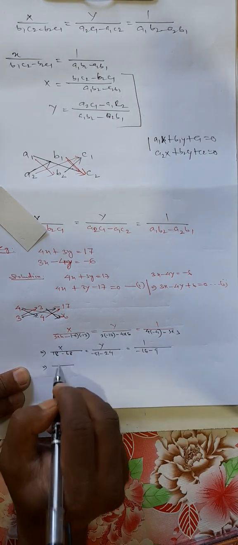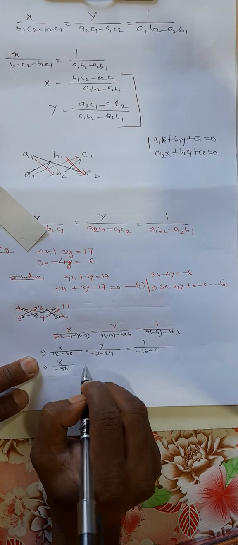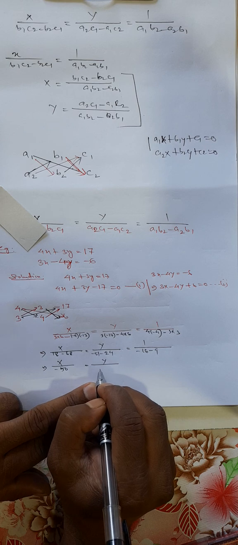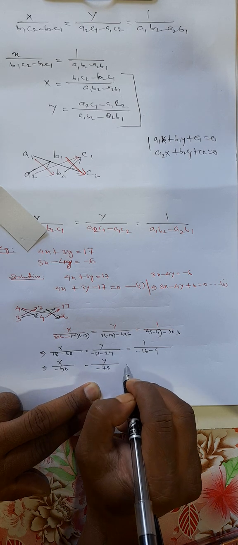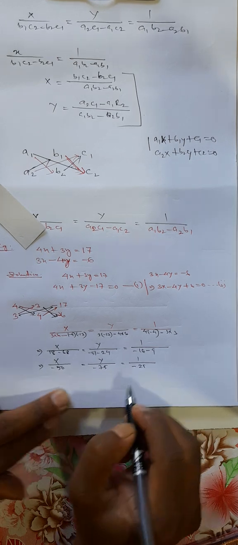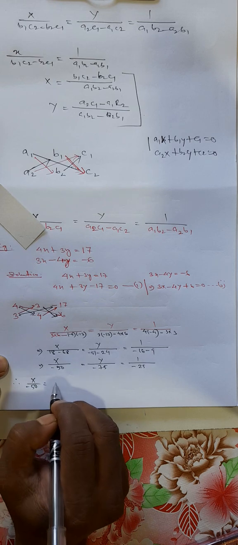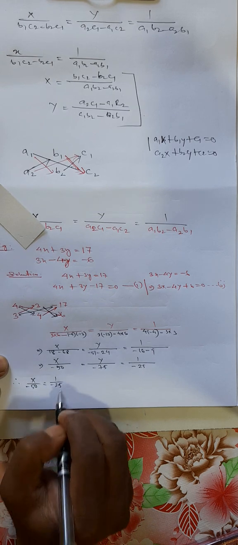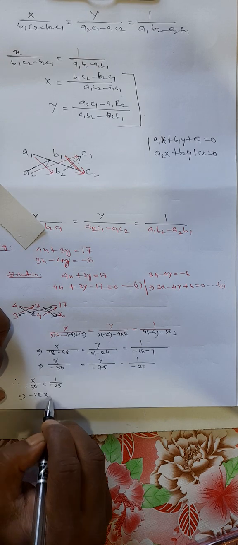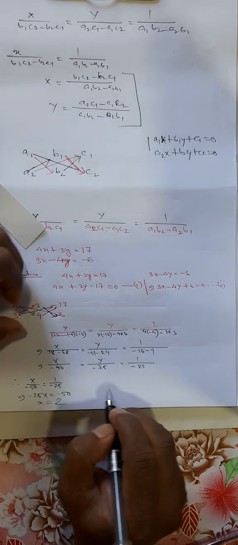Further simplification, you get x by minus 50, y divided by minus 75, 1 divided by minus 25. Therefore x by minus 50 equal to 1 by minus 25. If you cross multiply this, minus 25x equal to minus 50, that means x equal to 2.